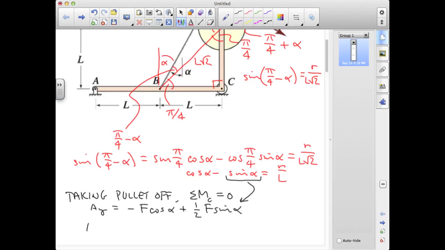That gives us AY is equal to minus F cosine alpha plus 1/2 F times cosine alpha minus r over L, and that gives us back the initial expression we obtained. So in spite of initial appearances, we do in fact have the same result whether we leave the pulley on the frame or take it off.